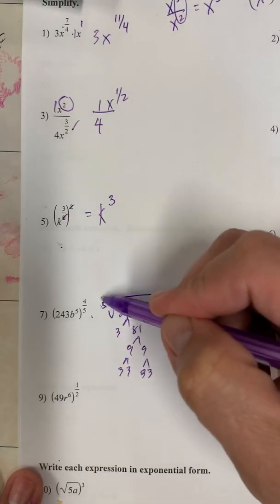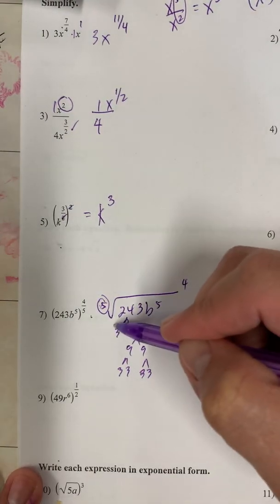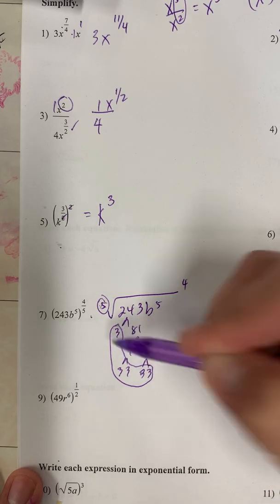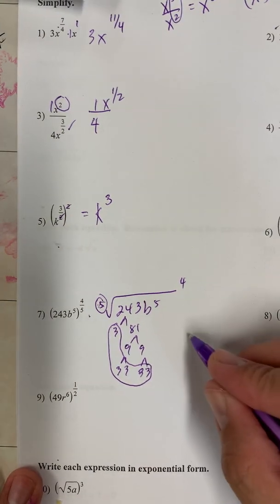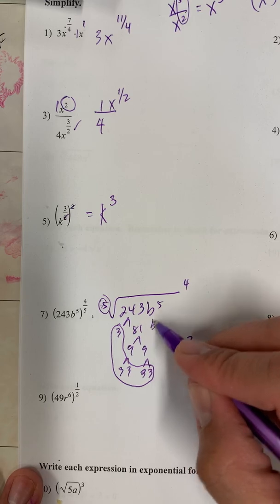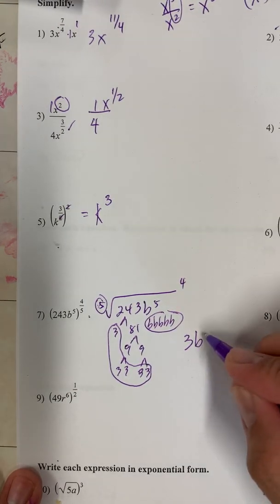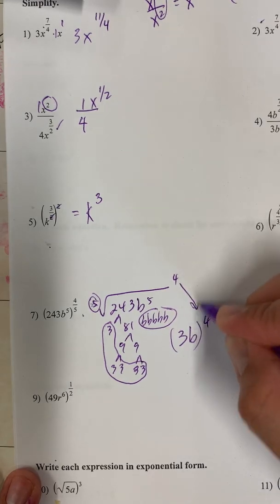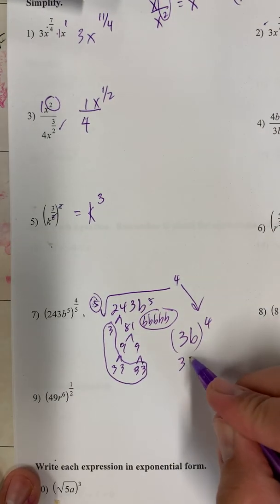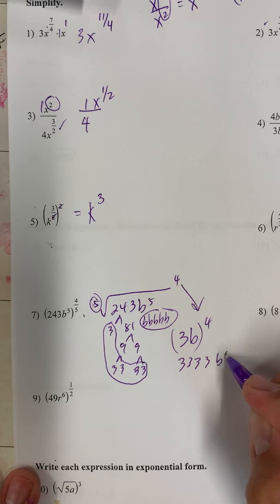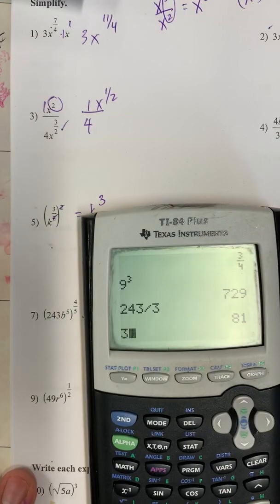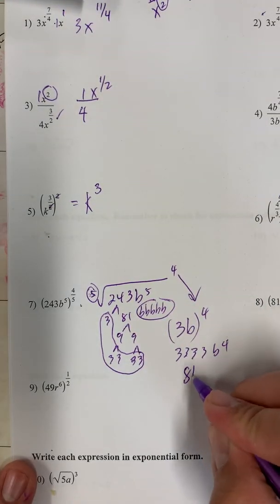And since the index there is 5, we have to group them in a set of 5 numbers, which the answer will be 3. In the b^5, I have 5 b's there, and that will give me a 1 set of b to the 4th power because of that 4 there. You multiply 3 four times, b to the 4th, or I can just put 3 raised to the 4th power, gives me 81 b^4.